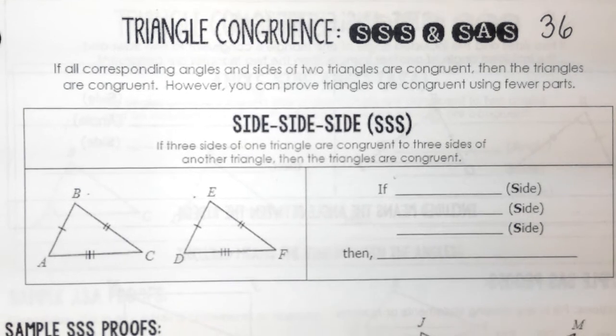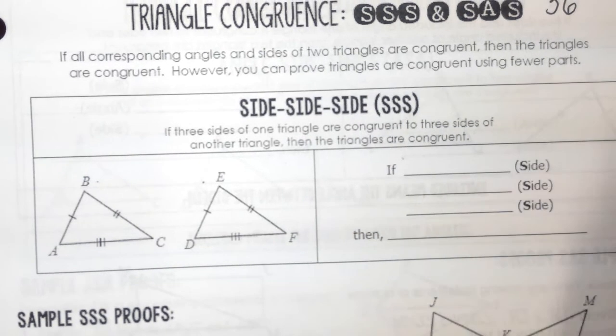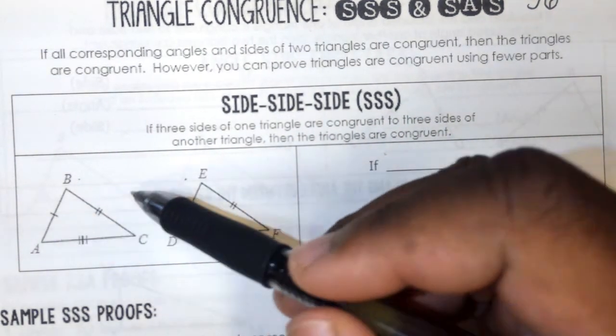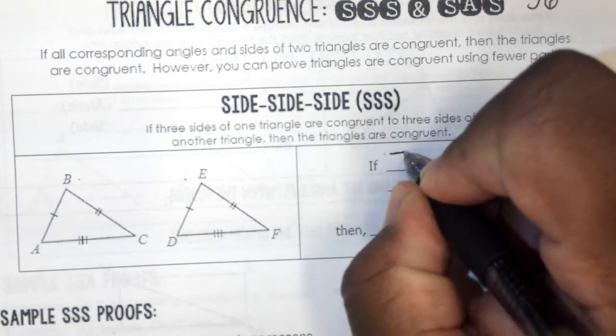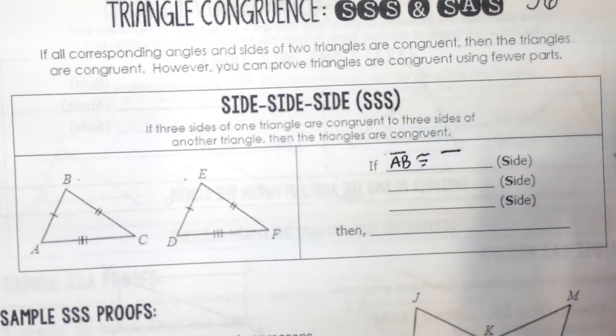All right. First one, side, side, side. If three sides of one triangle are congruent to three sides of another triangle, then the triangles are congruent. Yes, I agree. We're going to write that out up here using this figure over here. On the figure over here, they marked all three sides of both triangles congruent. We're just going to write it out. Side AB is congruent to side DE.